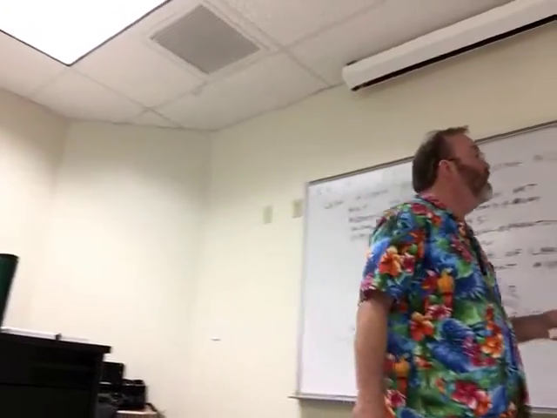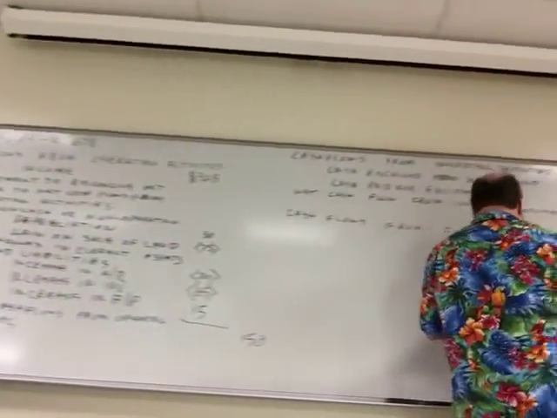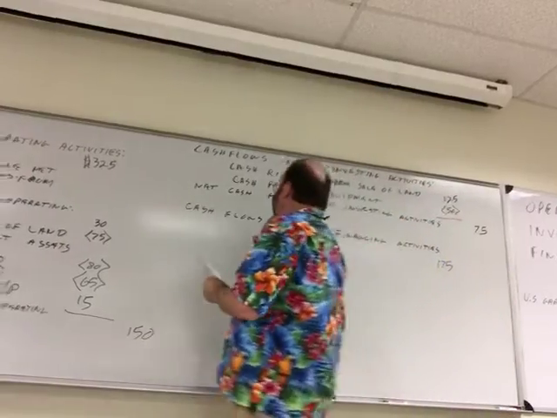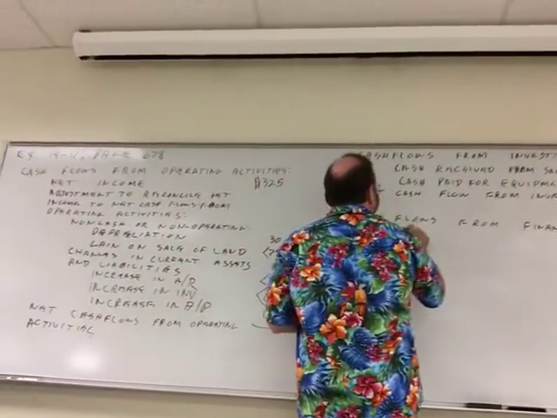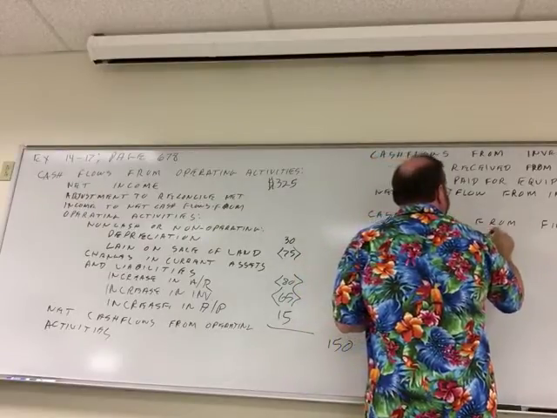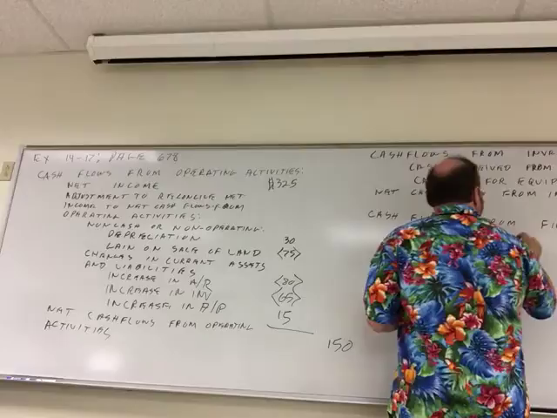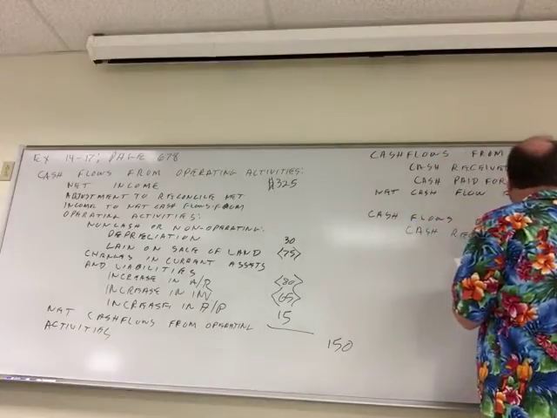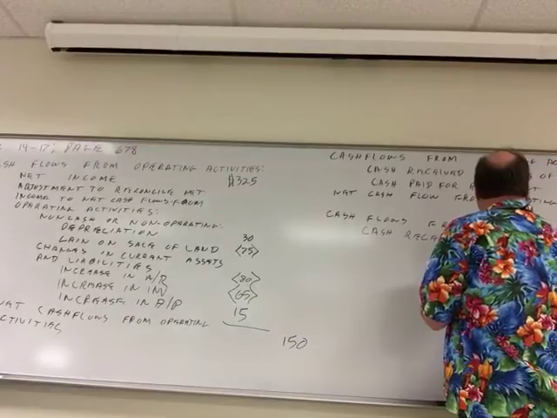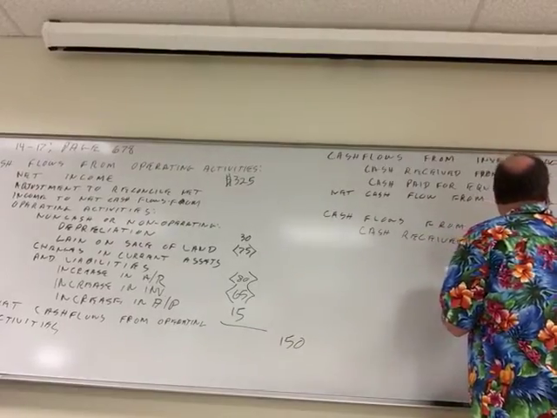So combined, there is $175 worth of, 175, which is cash received from sale of common stock.